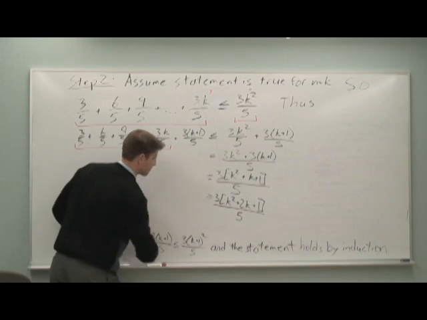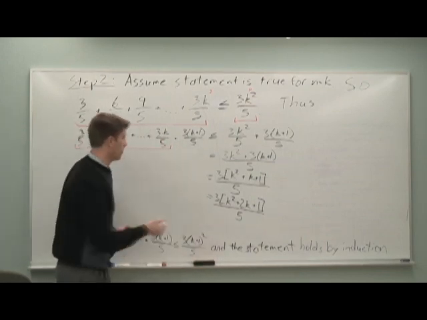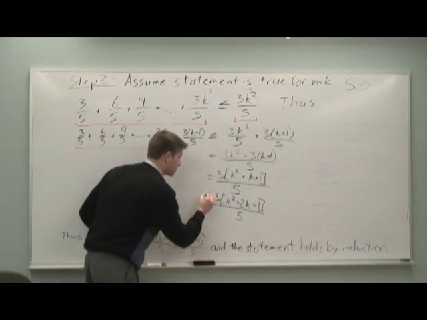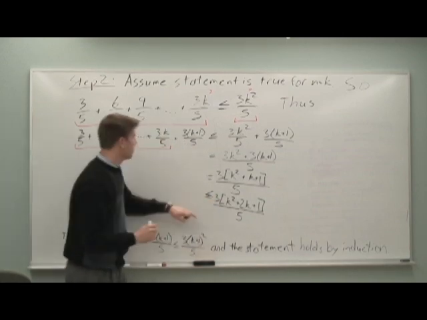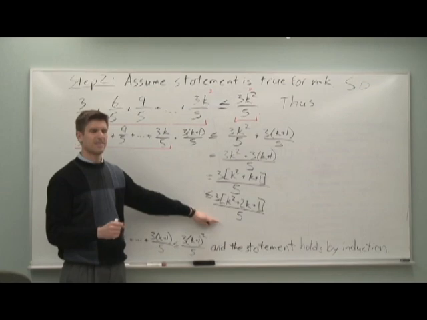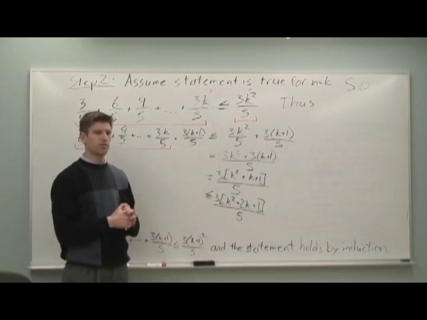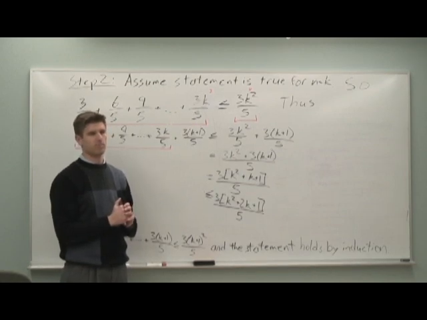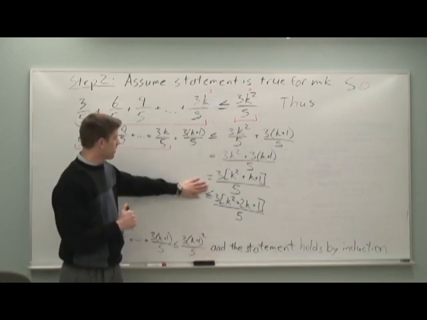How are you allowed to just stick another k in the problem? Well, I'm allowed to, as long as I'm using the right inequality symbol. If you're trying to say that something is less than something else, you can always stick in something on the bigger side or take off something on the smaller side. So this is what I have.